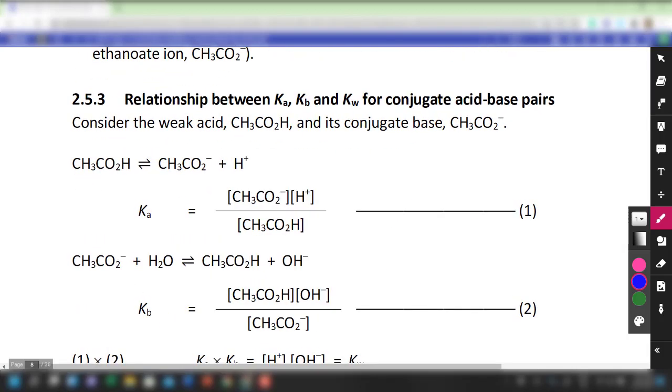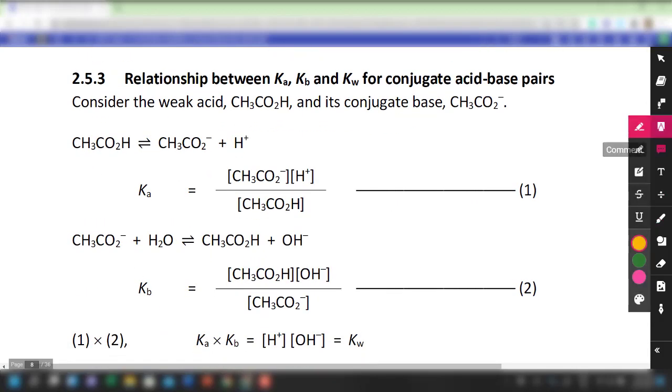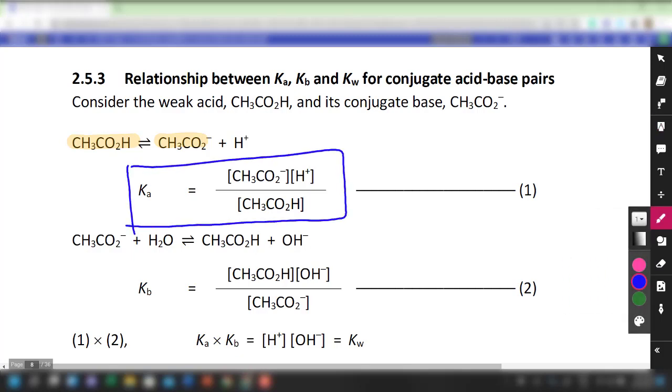If I zoom into this, remember earlier on that we define this as the acid, and of course when this is the acid, ethanoate becomes the conjugate base. From here we can write out this particular Ka expression.